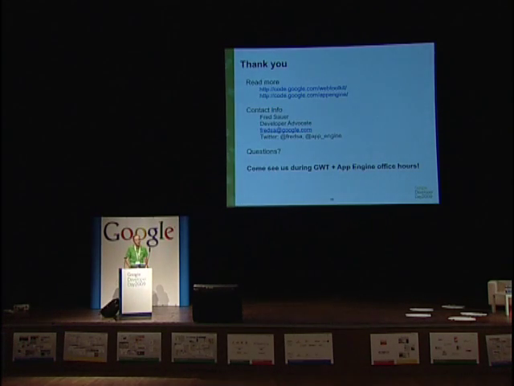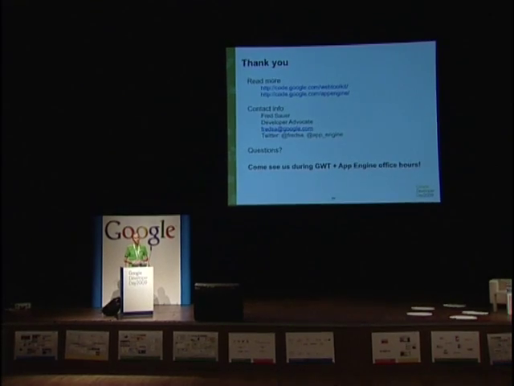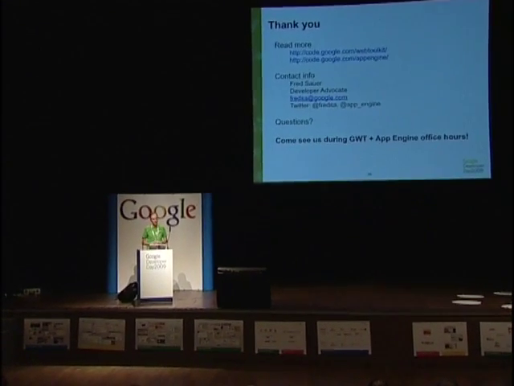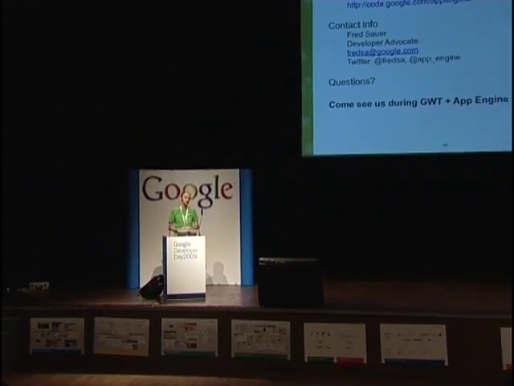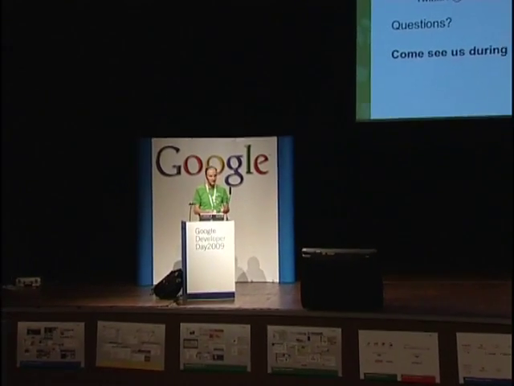So the question is, what parts of a Java framework do we support? That's a good question. One of the biggest constraints that you will see is that the Java code has to be compiled to JavaScript. And so any framework that you use has to play by the same rules that JavaScript plays. JavaScript is a single-threaded environment, so any Java framework that needs to create multiple threads isn't going to run natively in Google Web Toolkit.